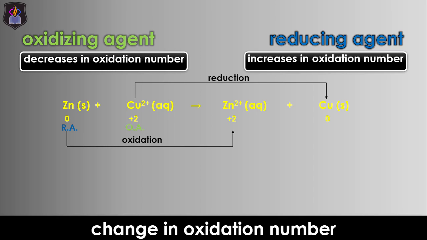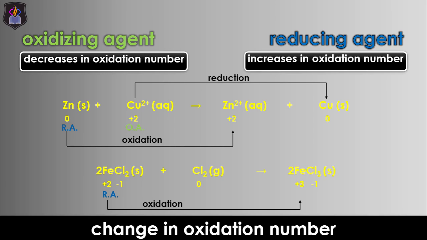Similarly, in the redox reaction between iron 2 chloride and chlorine, the iron 2 chloride is a reducing agent because of the increase in the oxidation number of iron from +2 to +3, while the chlorine gas acts as the oxidizing agent as its oxidation number decreases from 0 to -1.